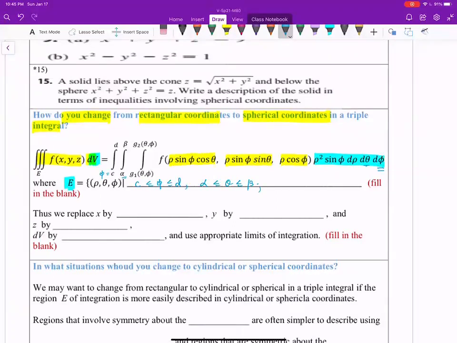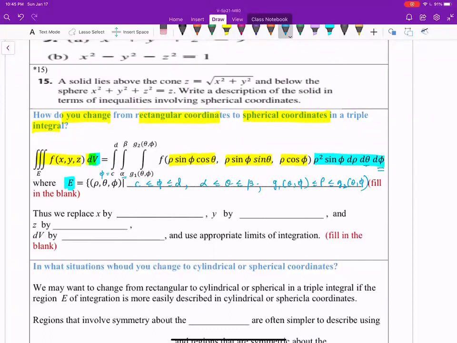Then the innermost rho varies from g1 of theta, phi to g2 of theta, phi. So this is the region of integration.